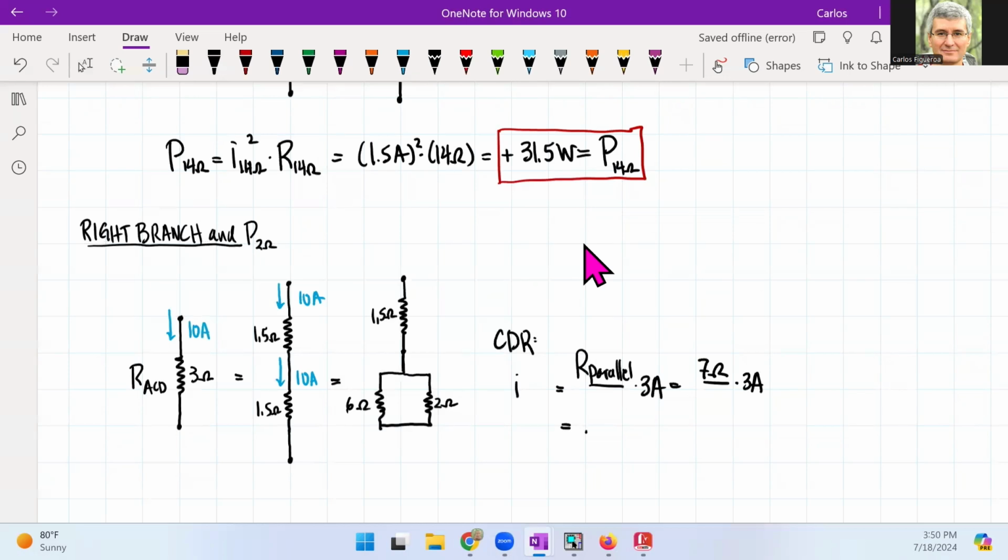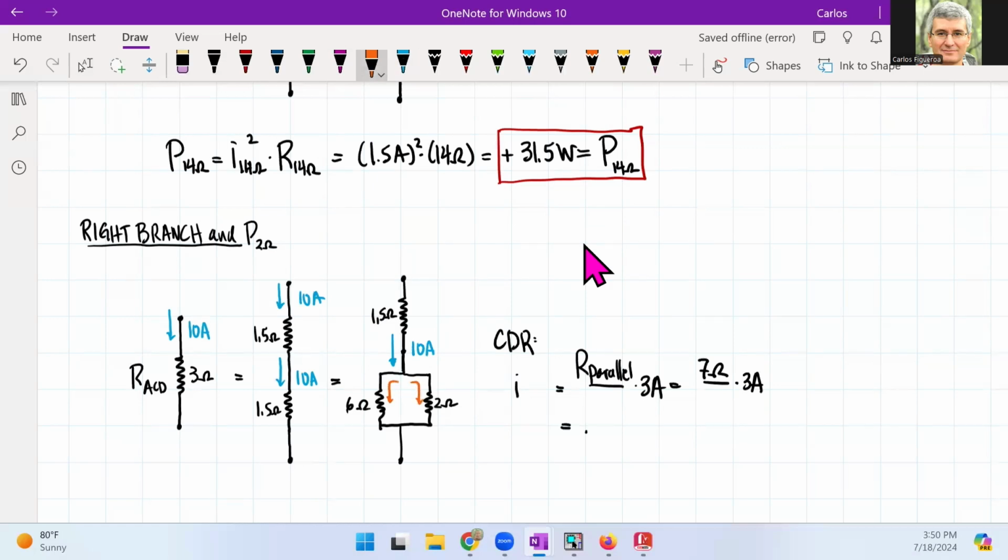So now the same process happens. I'm looking at the circuit, and it says I still have 10 amps coming down here. But what's going to happen is that you're going to see that the current here is now going to split to the left and to the right.